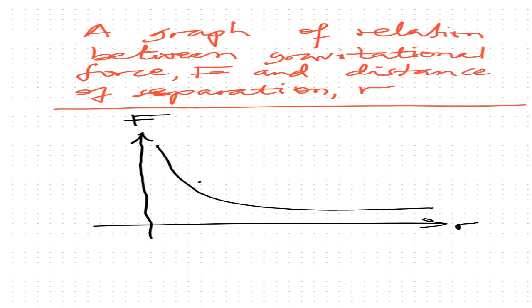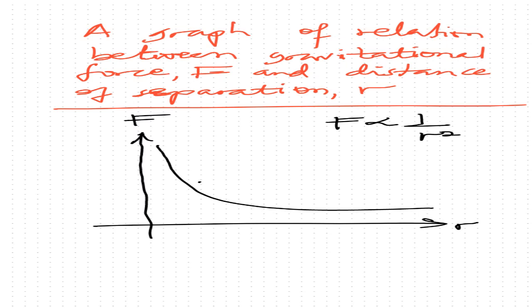What is the meaning of this graph? This graph tells you that when F is increasing, R is decreasing, and vice versa. From the equation, F is inversely proportional to 1 over R squared. The farther the particles are separated, the weaker the gravitational force. So this graph explains it.